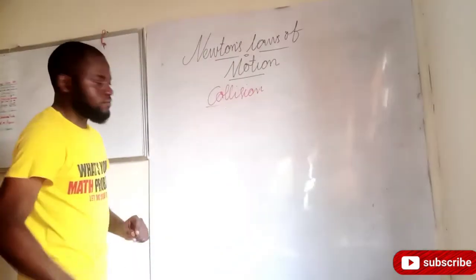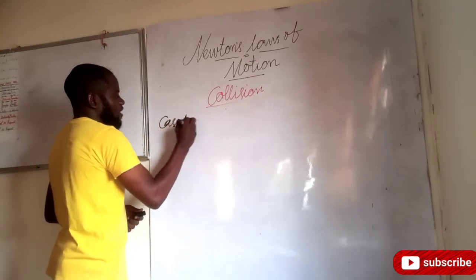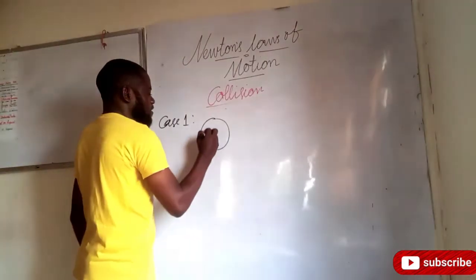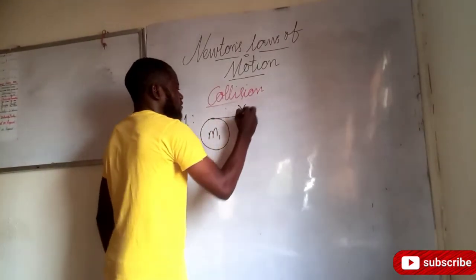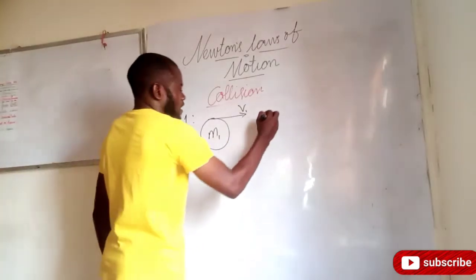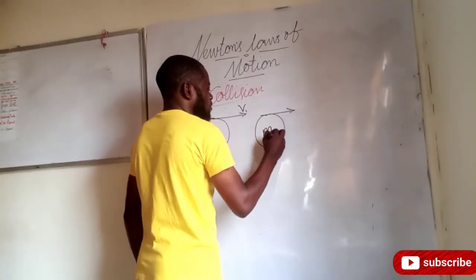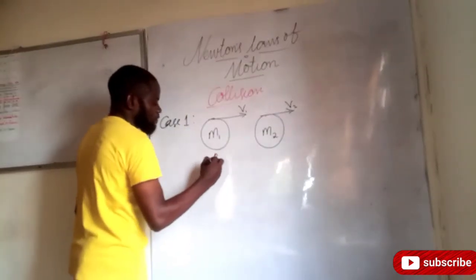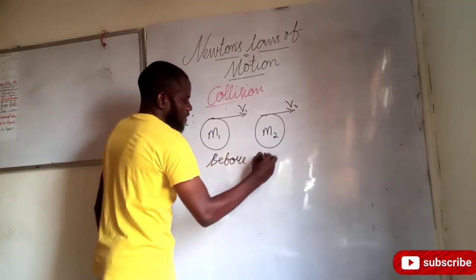For case 1, you have a body of mass m1 moving in this direction with velocity v1, and another body of mass m2 moving with a velocity of v2. This is before collision.